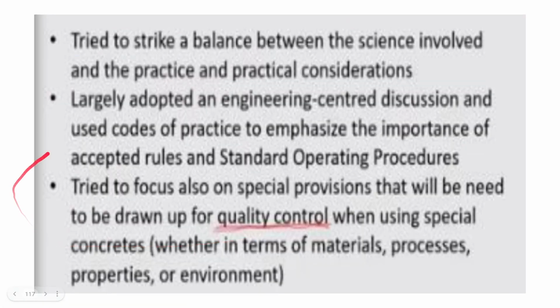Okay, so basically in this course we tried to strike a balance between the science involved and the practical considerations. We largely adopted an engineering centered discussion and used codes of practice to emphasize the importance of accepted rules and standard operating procedures. We tried to focus on special provisions that will be needed to draw up quality control when using special concretes, either in terms of material, process, properties, and environment.